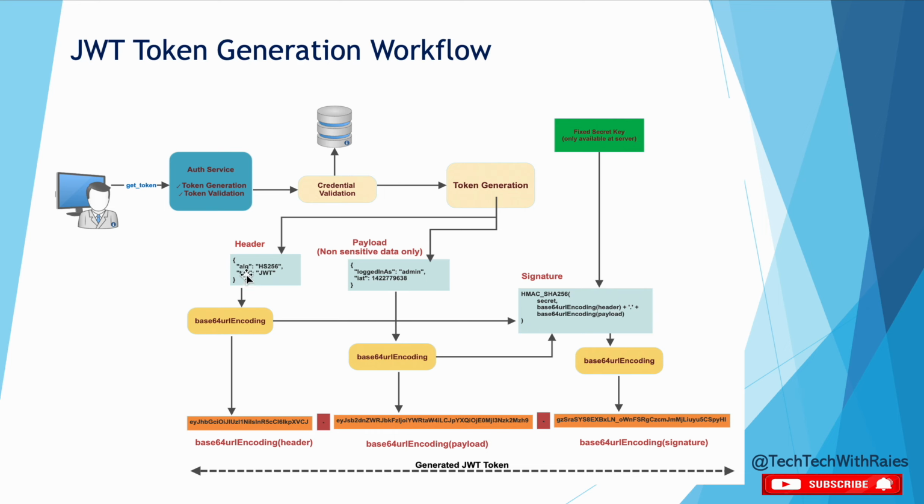It has basically algorithm and type. Type is basically the JWT token type. Algorithm is which hashing algorithm we are going to use to generate the signature. We'll come to that. So it constructed the header.